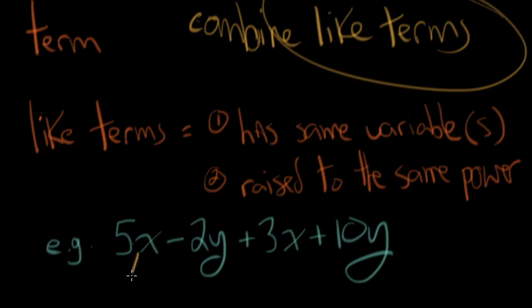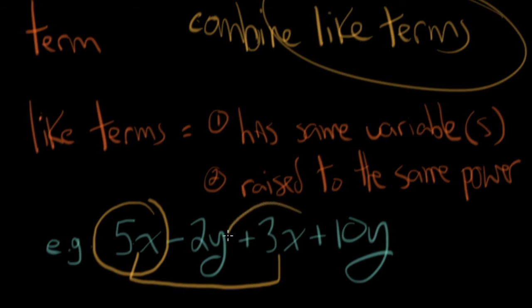So 5x and 3x. And one thing I love to do, this is going to help you a little bit, is I like to circle the like terms. And I always include the sign to the left. Always, always, always. And I like to use different colors too. So we also have y's here.